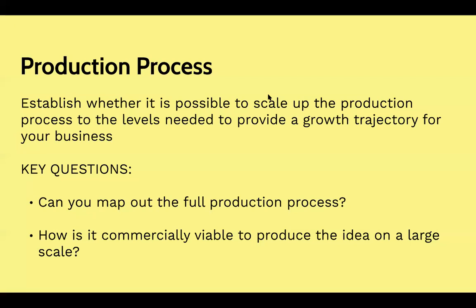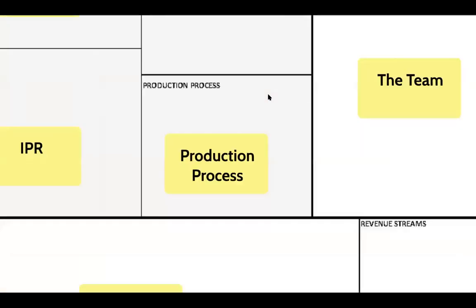So it's thinking about your production process for commercialization and being able to evidence, again, that you can map it out, and discussing within the submissions that you put forward how it is commercially viable to produce the idea on a large scale. So again, as I say, depth and breadth of information here for your investors or for the grant funders is critically important.